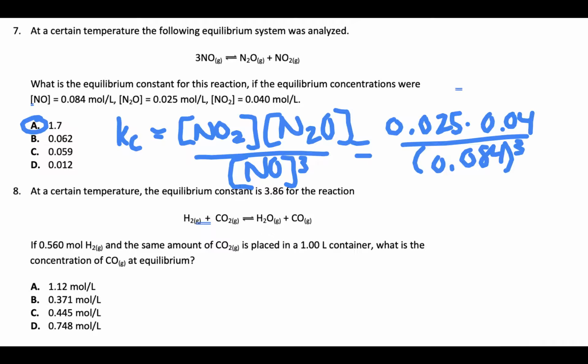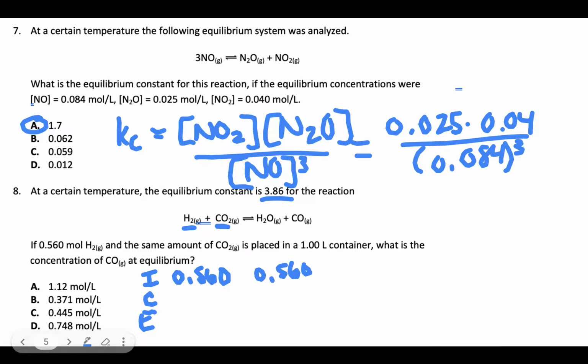Our next one is telling us at a certain temperature, we have an equilibrium constant of 3.86. Looking at this, it looks like we have another ICE question. So it's placed into the flask. If I'm setting this up with ICE, I would have the original amount 0.560 of H2, and the same amount, 0.560 of CO2.